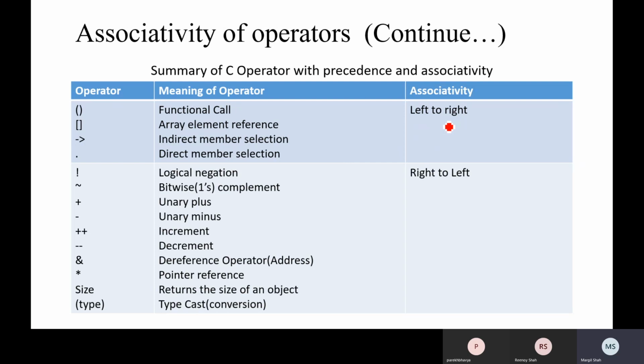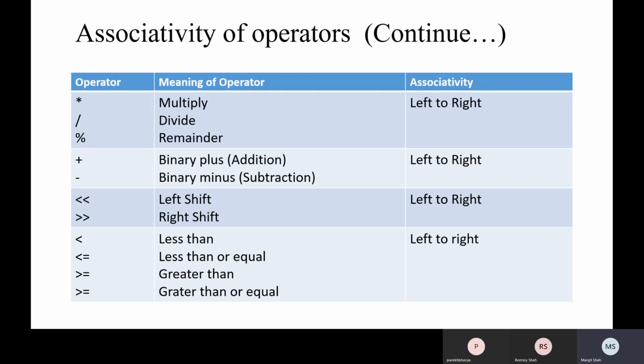Now logical negation, bitwise not, unary plus, unary minus, increment, decrement, dereference operator, address operator, sizeof, and typecasting conversions: the associativity is right to left. It means that in an expression, if you find these operators, they will execute from right to left first, then left to right will be applicable.